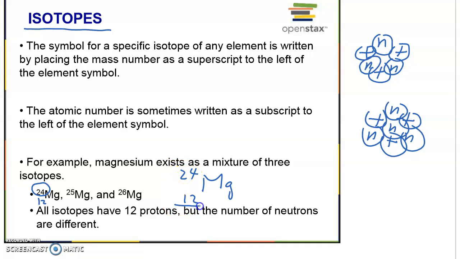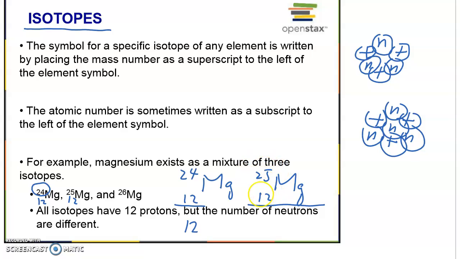So how many neutrons do we have? Over here, the mass number minus the number of protons would be equal to the number of neutrons. Doing the same calculation, if I have 25 over here and I have 12 over here, how many neutrons?